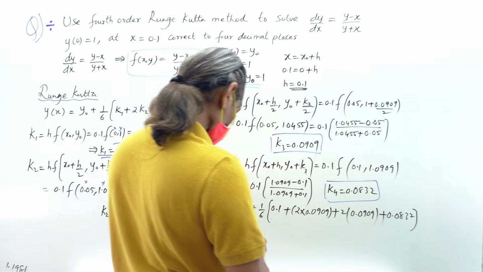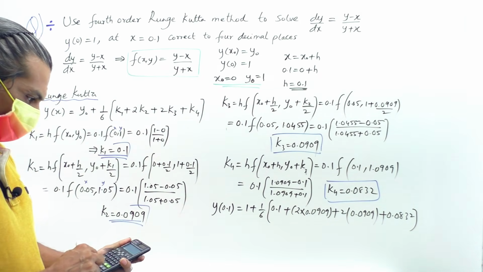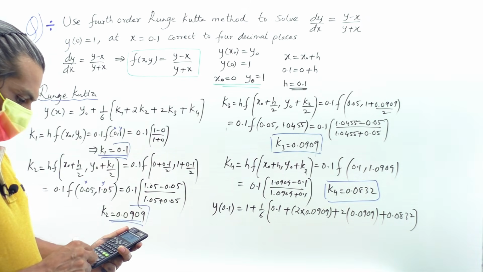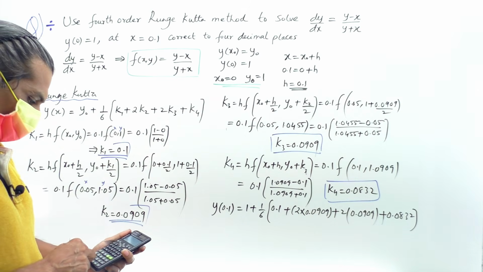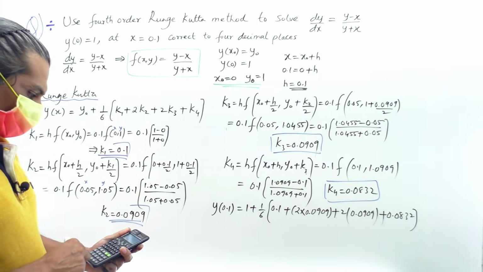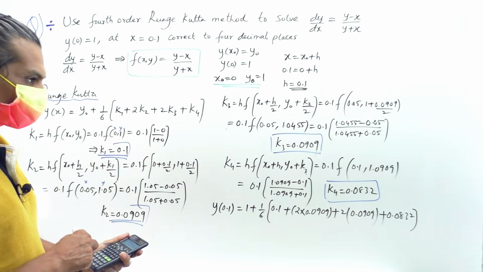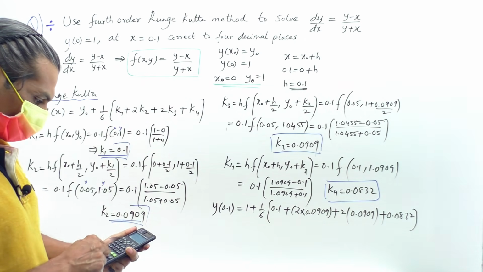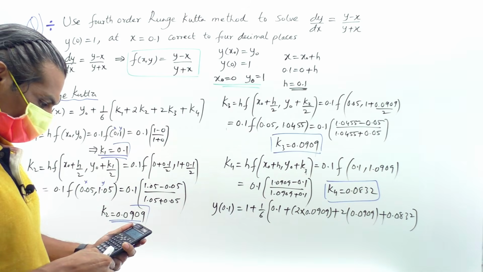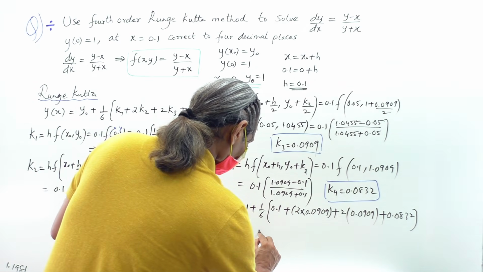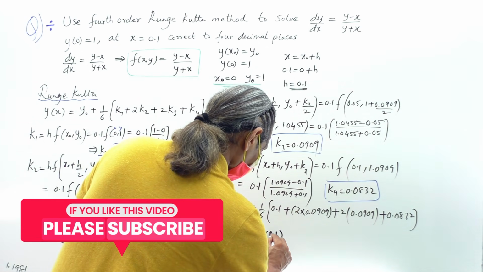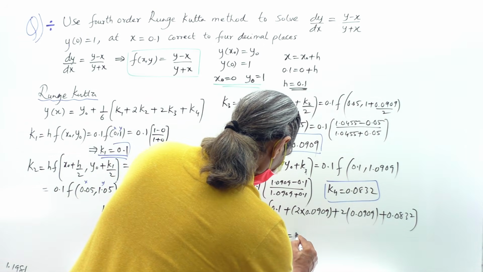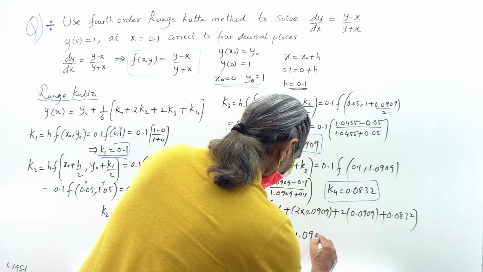So let's evaluate the answer here. We have 0.1 plus 2 into 0.0909, plus 2 into 0.0909, plus 0.0832, equals this much, divided by 6, plus 1, we get y of 0.1 equals 1.0911.